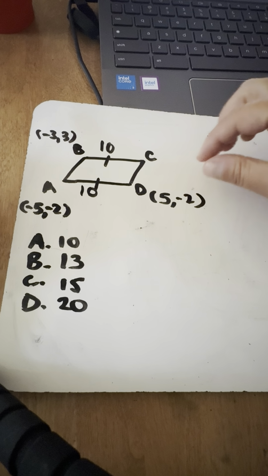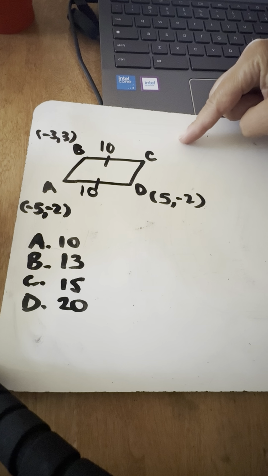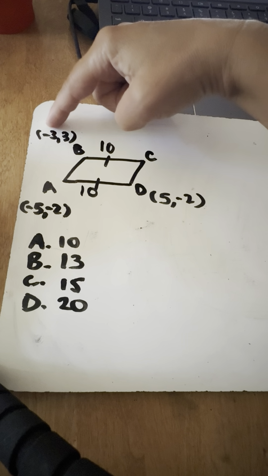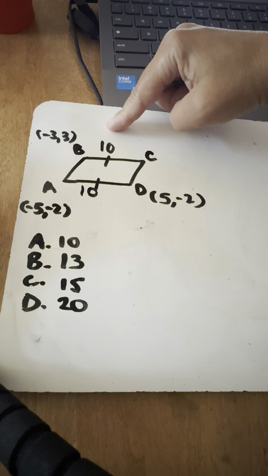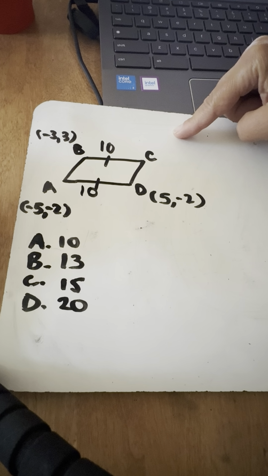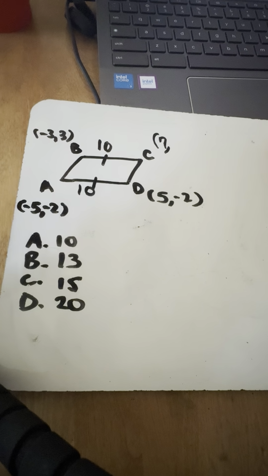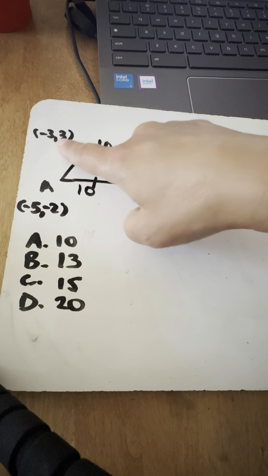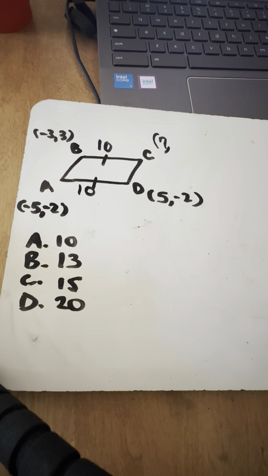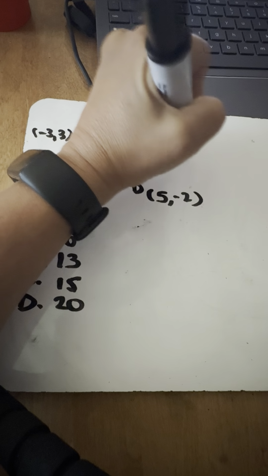If I am going to have a length of 10 here, to go from -3 over 10 more, I'd go from -3 to 0, which is 3 spaces, and then another 7 spaces to make a length of 10. So my x coordinate for C is going to be 7. And because it is at the same height as B, the y value is going to be +3.